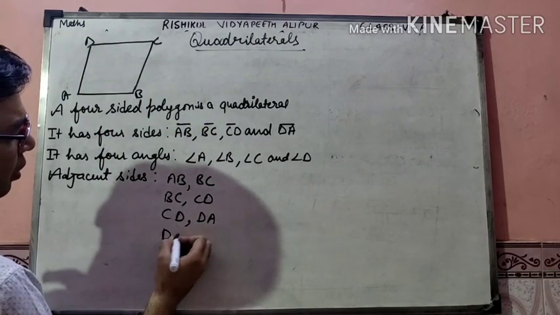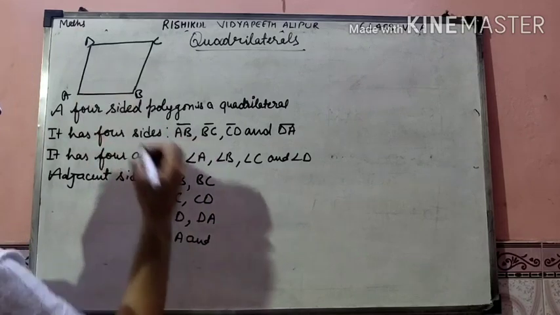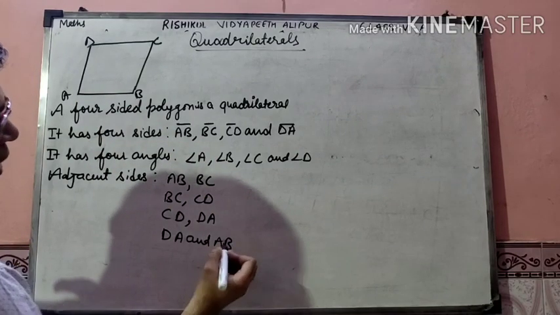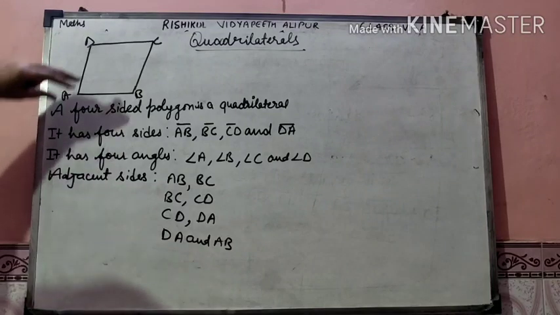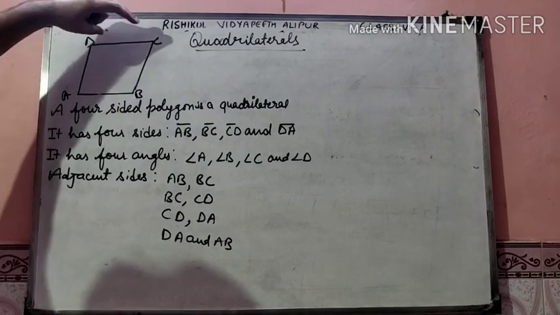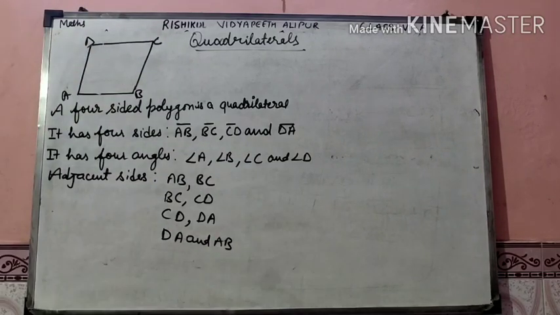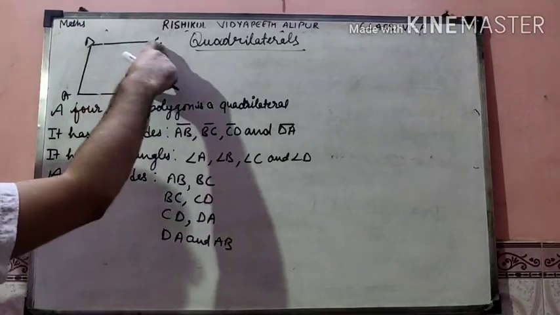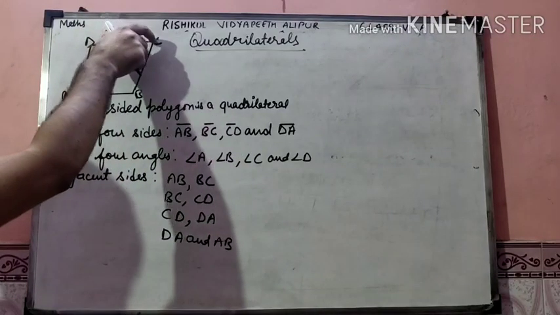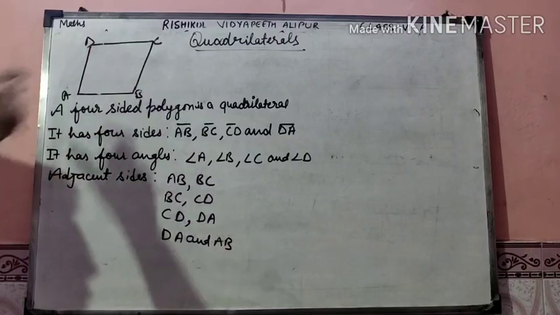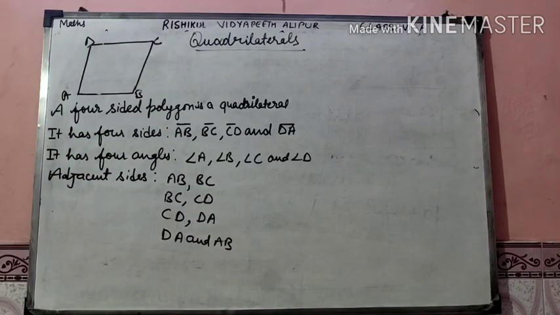And the last one, DA and AB are adjacent. The pairs of adjacent sides are AB, BC; BC, CD; CD, DA; DA, AB. These are the adjacent pairs.